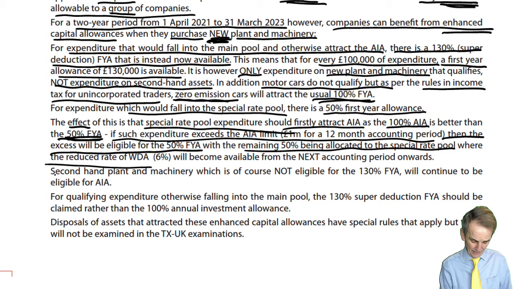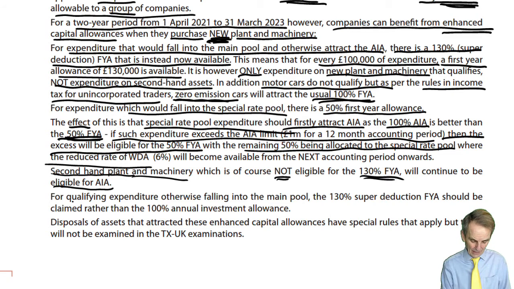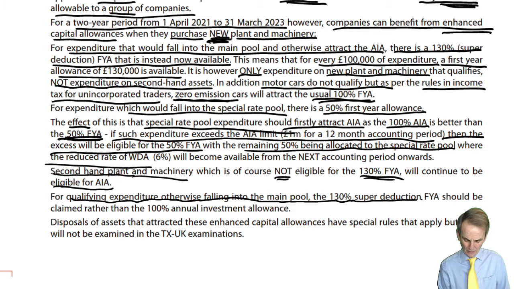As we've already said, if you did buy second-hand plant and machinery, that is not eligible. Only new plant and machinery is eligible for the 100% FYA, so that, if necessary, would continue to be eligible for AIA. Unlikely issue in terms of an exam question, to be fair, but that would still rank for AIA. The qualifying expenditure otherwise falling into the main pool, as we've seen, the 130% super FYA deduction should be claimed, of course, rather than the 100% AIA.